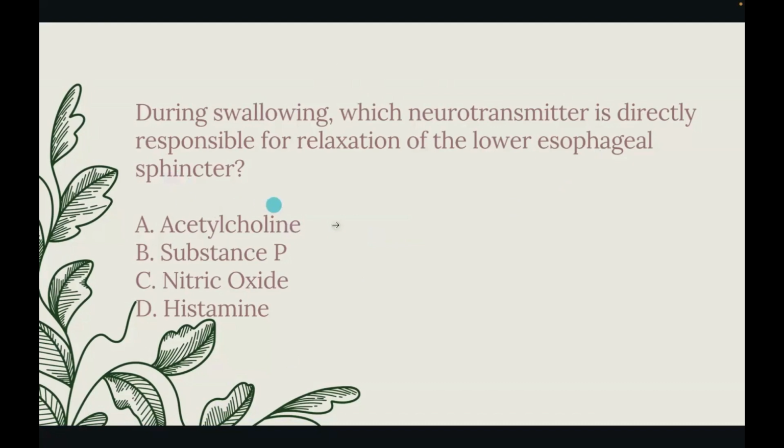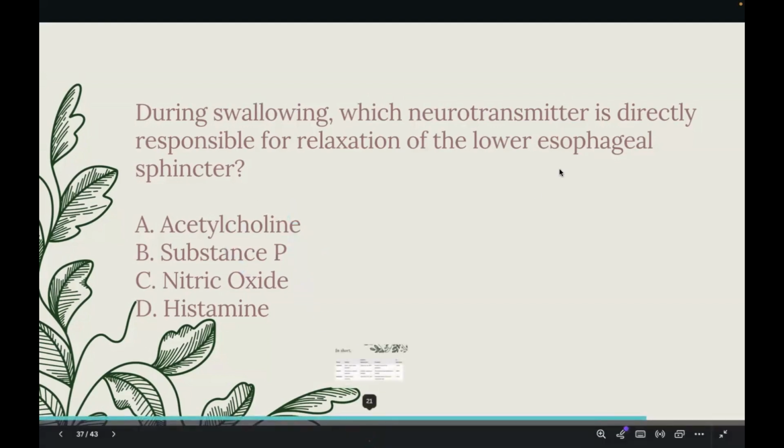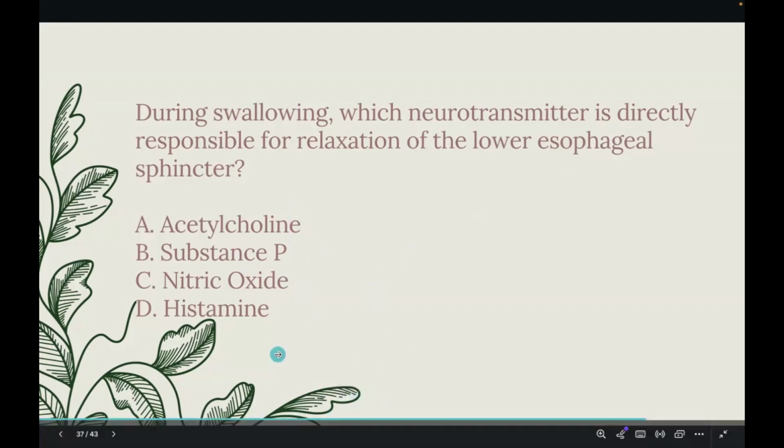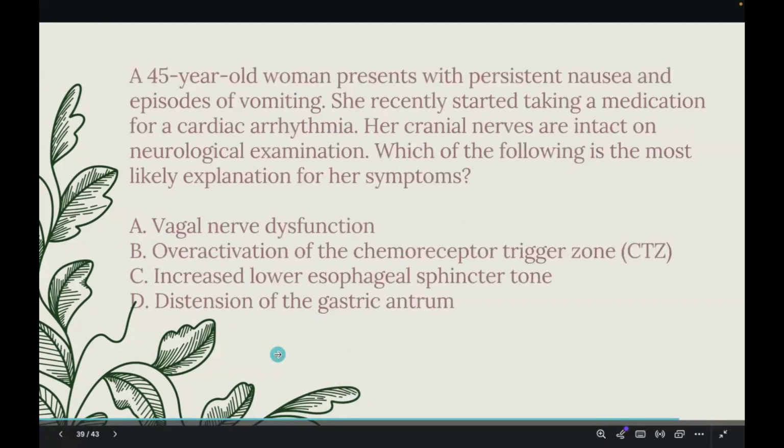This is probably going to come to you. Acetylcholine and substance P always contract, no matter what the smooth muscle is, no matter what phase we are talking about, cephalic, gastric, or intestinal. Nitric oxide, and what is the second neurotransmitter that also causes relaxation? Good job, VIP. VIP is the one that also causes relaxation. So yeah, good job.